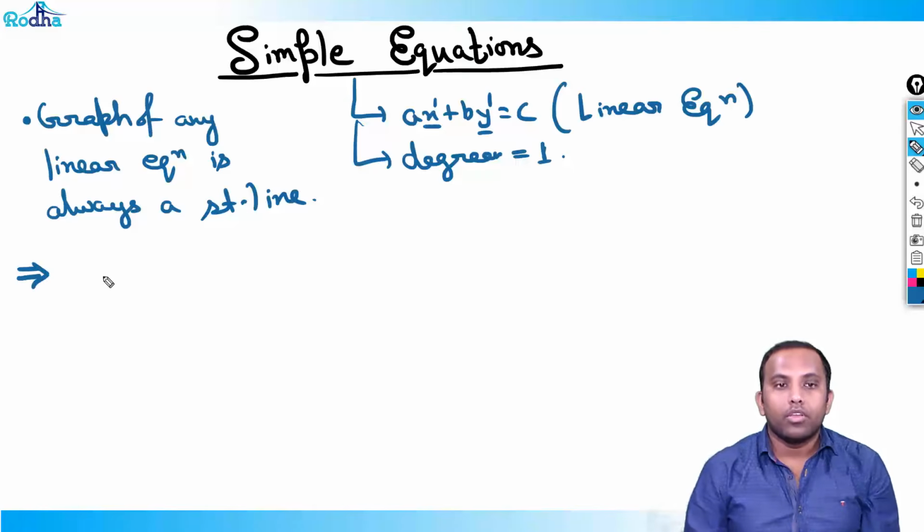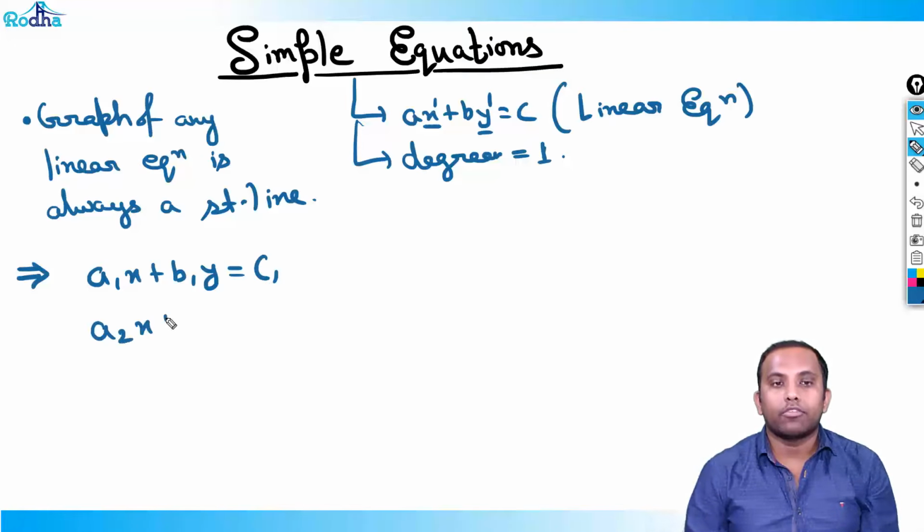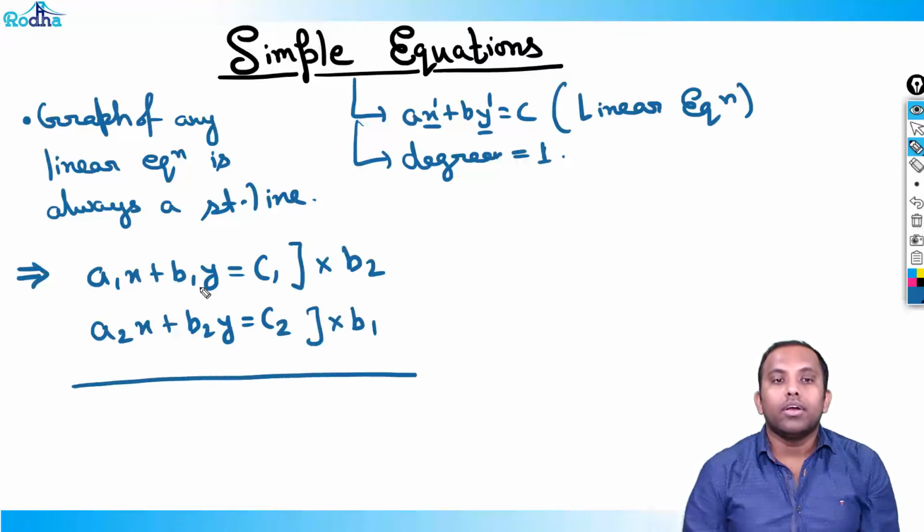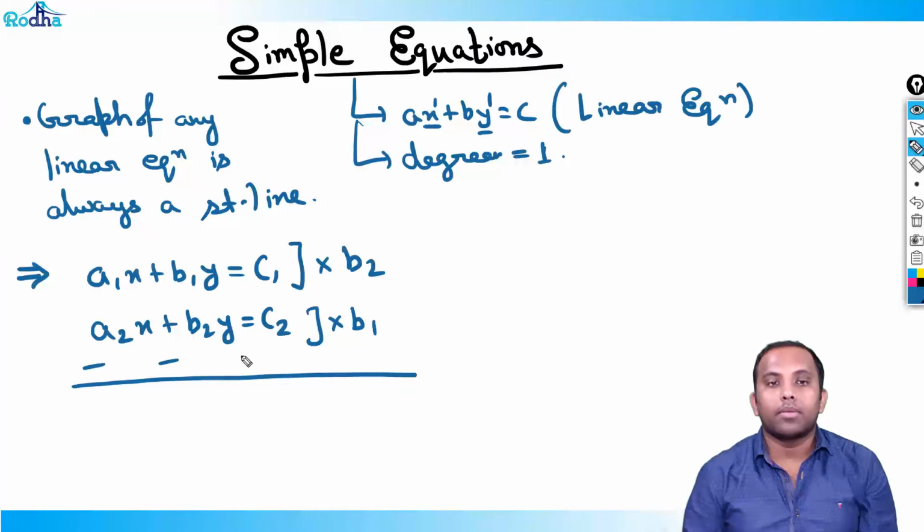Let's say one equation is a1x plus b1y is equal to c1 and the other equation is a2x plus b2y is equal to c2. First equation I'm multiplying with b2, second equation with b1. How to solve linear equations? Just make any term the same and subtract it. If there are all plus signs here, simply you can subtract it.